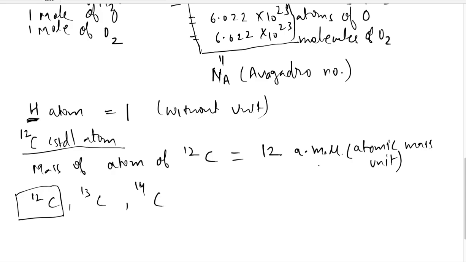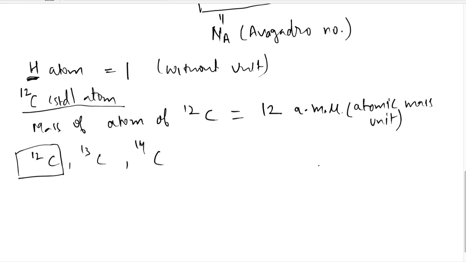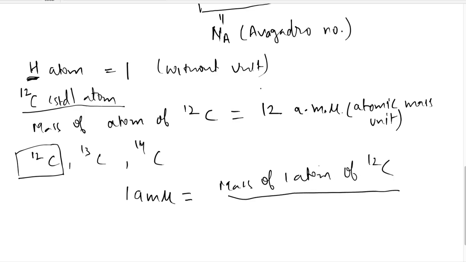Okay, so if you want to convert any mass in AMU, you need to remember this relation. So we can easily say that 1 AMU is nothing but the mass of one atom of carbon 12 divided by 12, from this relation.